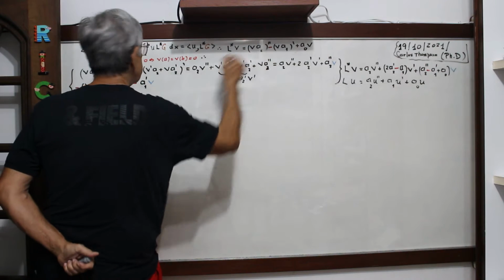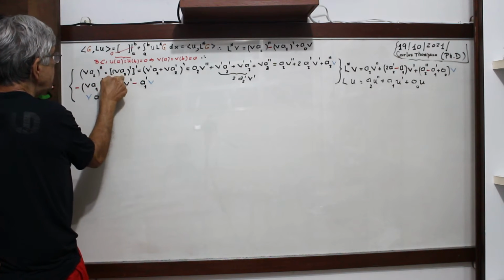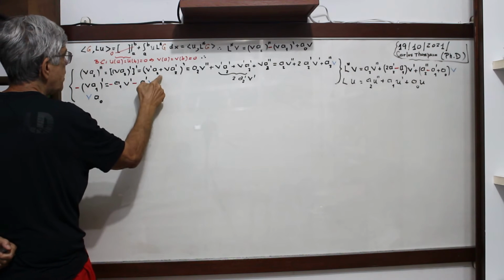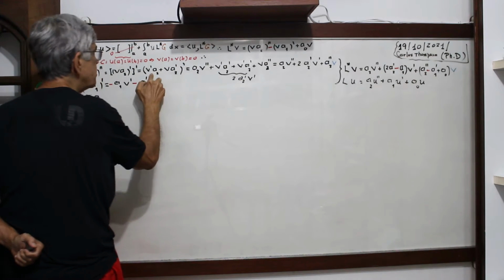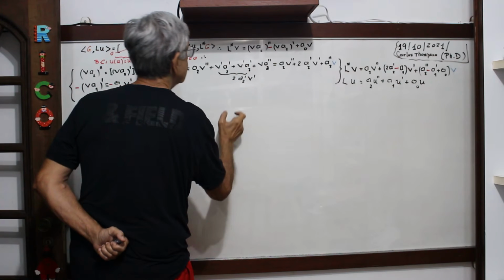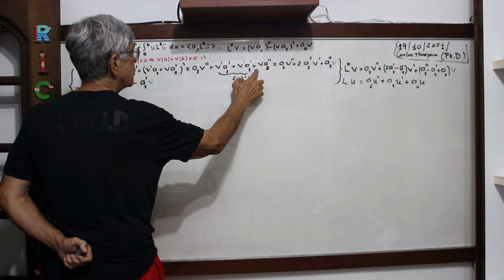If I develop this second derivative, the first derivative of this VA2 prime is V prime A2 plus VA2 double prime. Now, this term here, I have two terms, and this one I have plus 2. Now, this term is equal to this term.